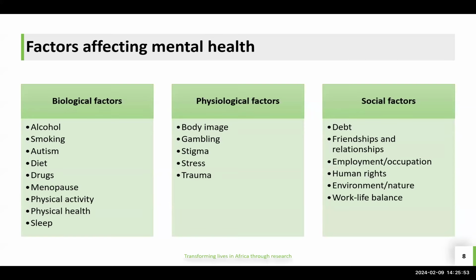That has everything to do with their socioeconomic status, issues around friendships and relationships, and issues around employment and occupation. You see how that links back again to socioeconomic status. So you could consider this part of the social determinants of mental health, in the bigger definition of social determinants of health.